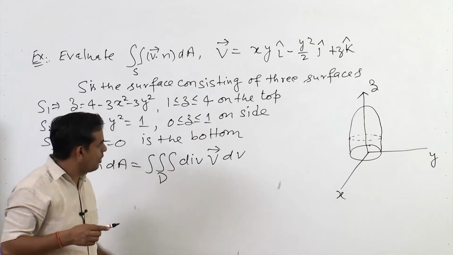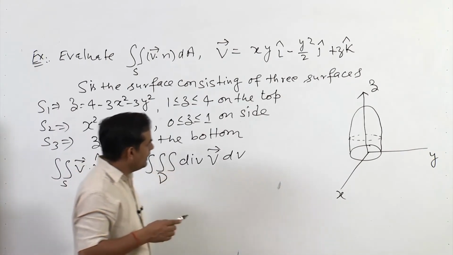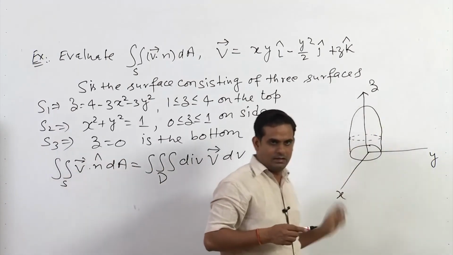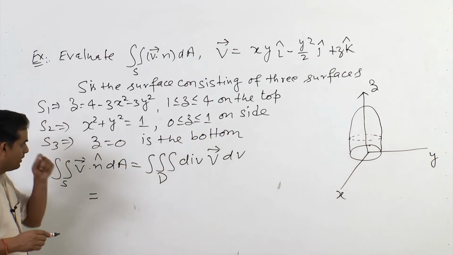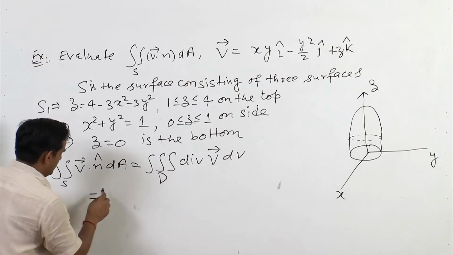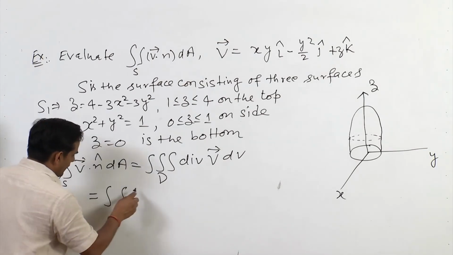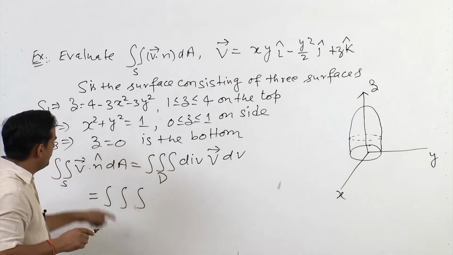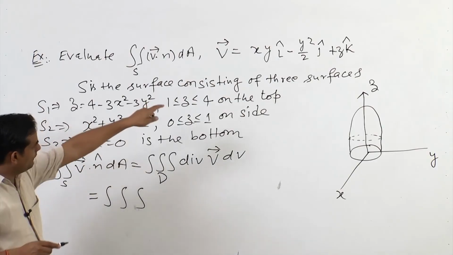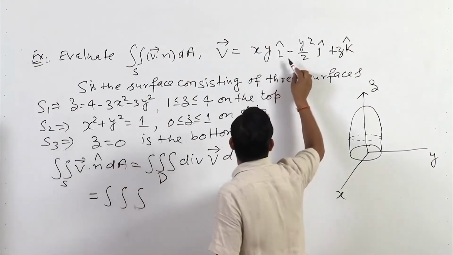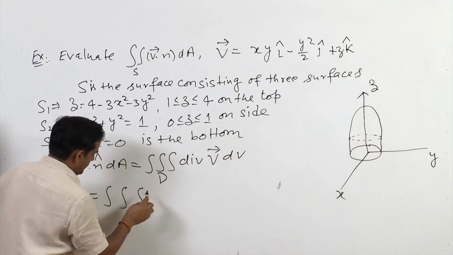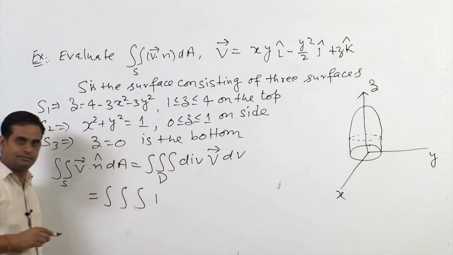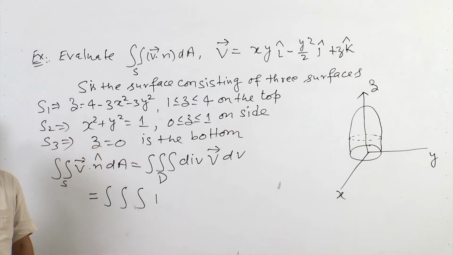Okay. So, here region D is this closed region. So, let me take it. What will be the limit? Here divergence V, if I calculate, it will become y minus y plus 1. So, it becomes 1. Okay.